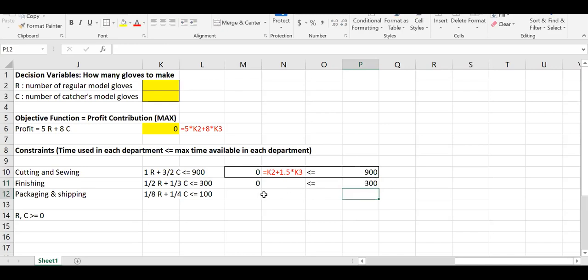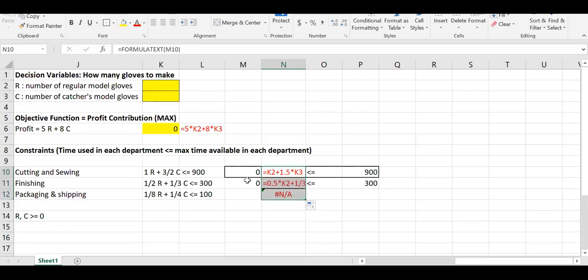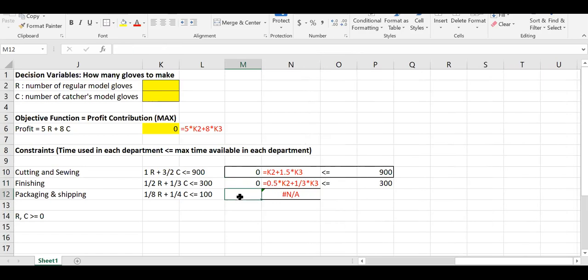I just typed 300. For the next one, 1/8 of R plus 1/4 of C, less than or equal to 100.